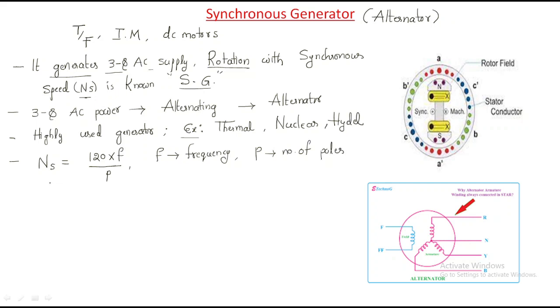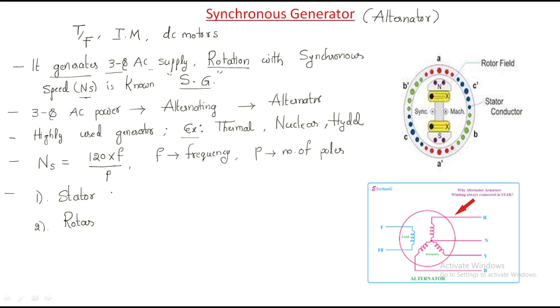This construction looks like a DC machine, but we have small differences. Every machine like this generator has two parts. The first part is the stator and the second part is the rotor.